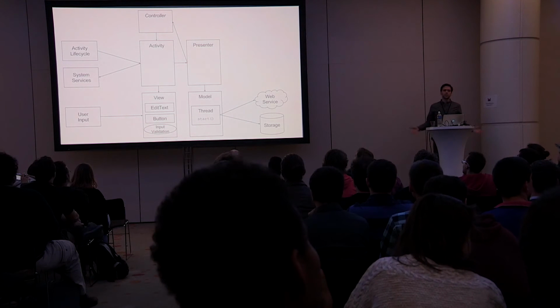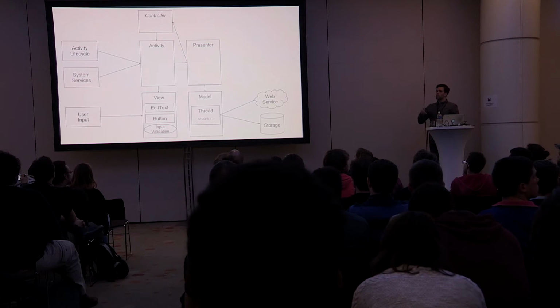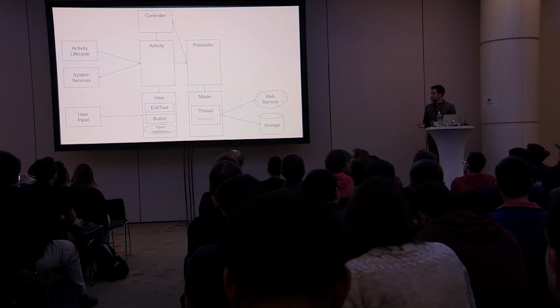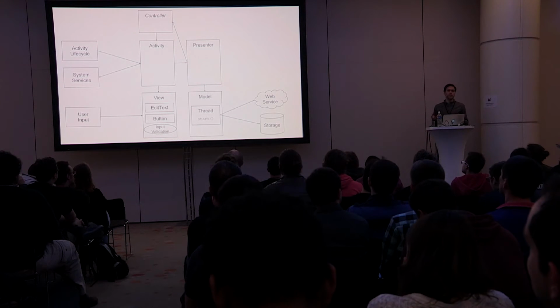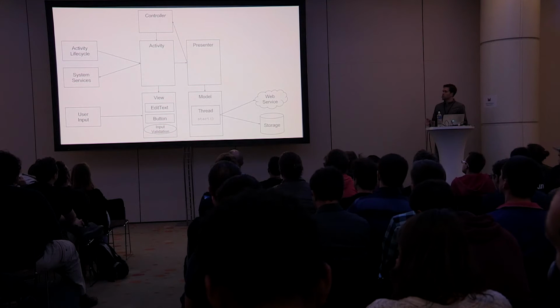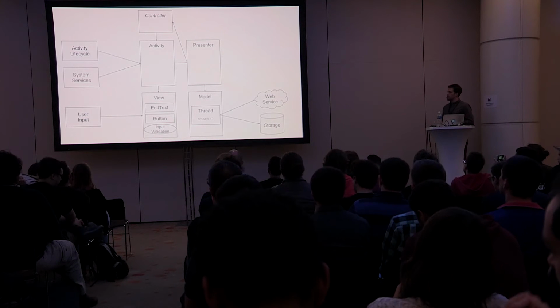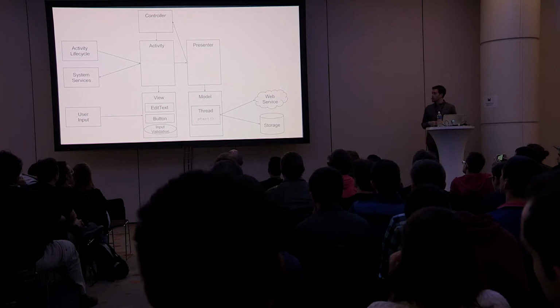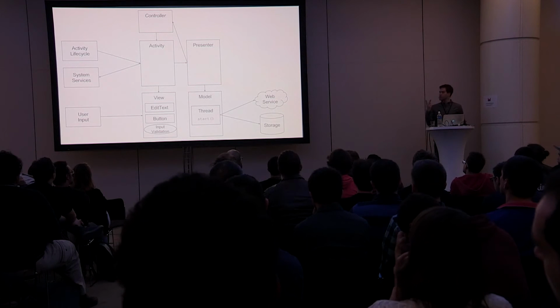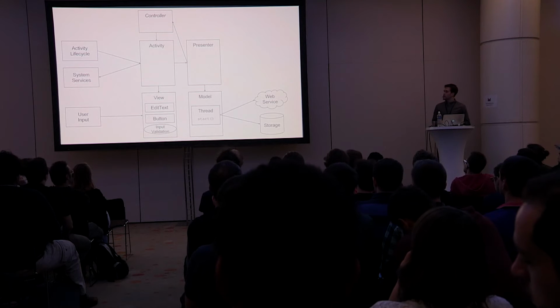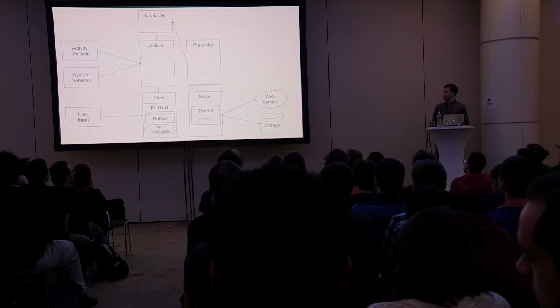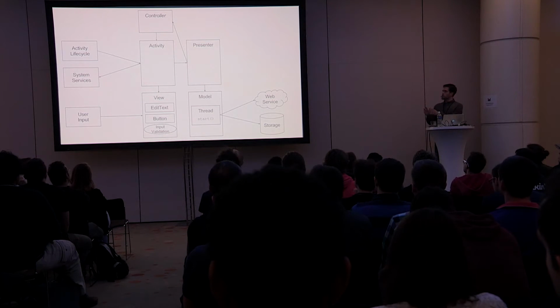And now we can see as we start to add back in all those other pieces that we looked at with the initial example, they kind of fall into place with a nice separation of concerns to where we don't have everything bundled up in our activity anymore. Really, our activity is primarily concerned with those two initial things that we spoke about, the lifecycle and the system services, and all the responsibilities of our UI are now getting pushed into the view.